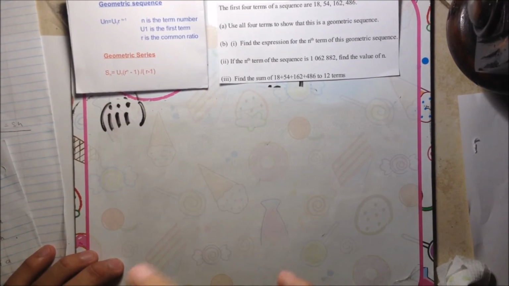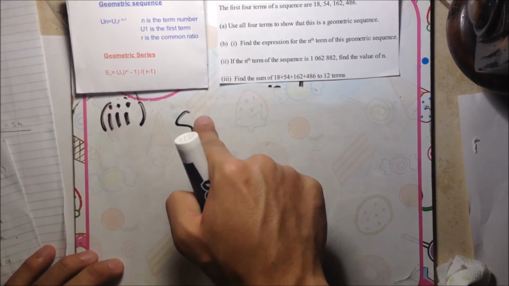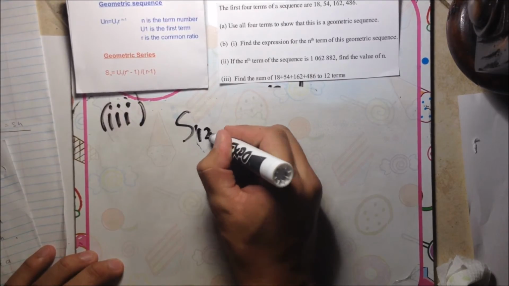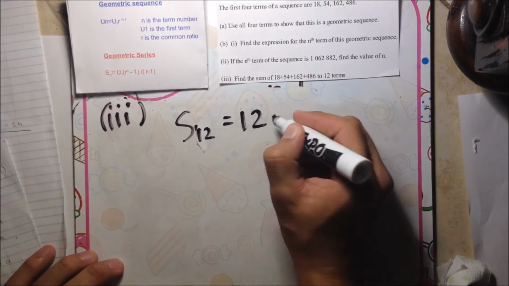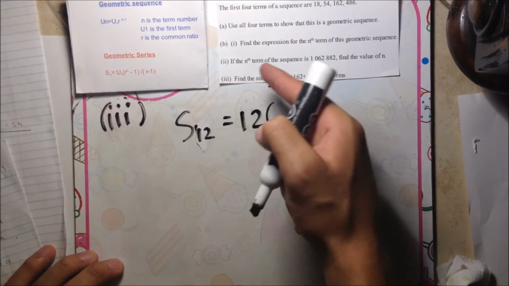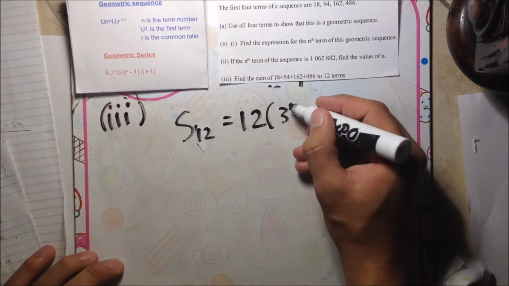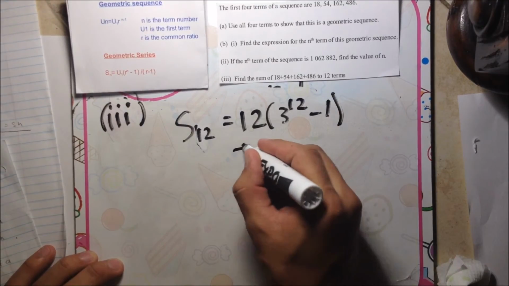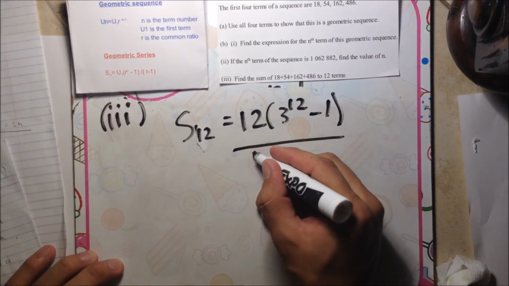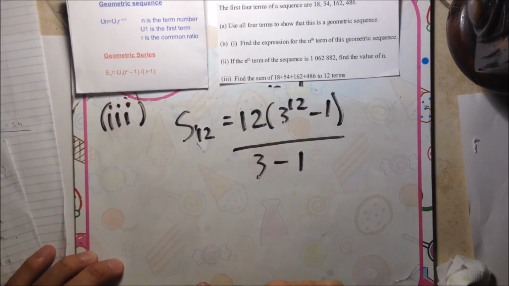So you set up your Sn, which in this case n will be 12 because you're trying to find 12 terms, equals u1, which is your first term, 18, times r, which we already found previously to be 3, to the power of n, which is 12, minus 1, and all of this divided by r, which is 3, minus 1. And this is pretty much all you do.